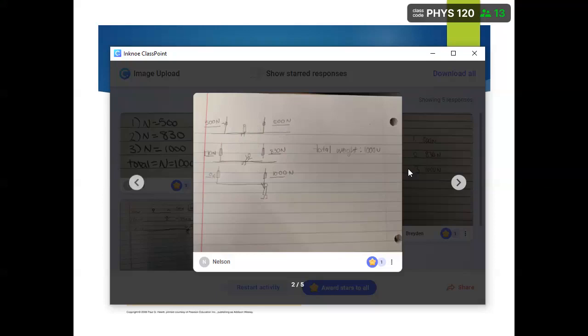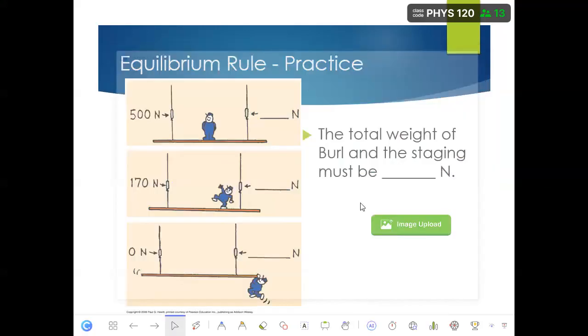Okay, let me just draw a little better. So see here, we have 500. Good. And definitely there will be a force of gravity which is exerted by the ground on this person and the level.